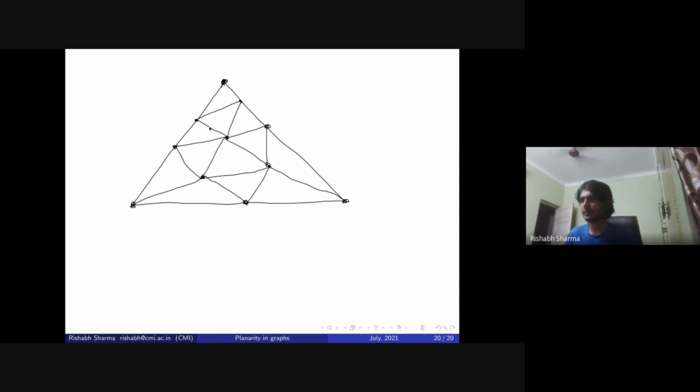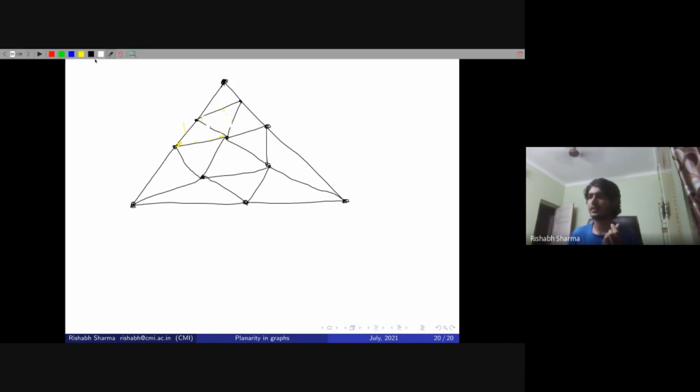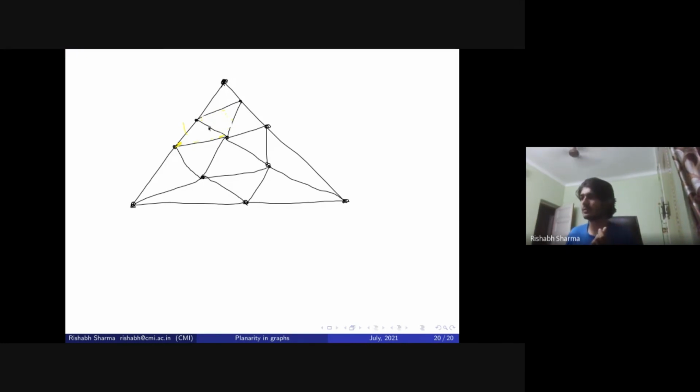So you shouldn't have something like this, because then this triangle has its vertex lying on the interior of this other triangle, and that is not allowed for now.